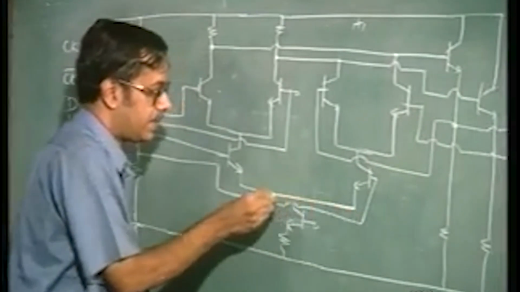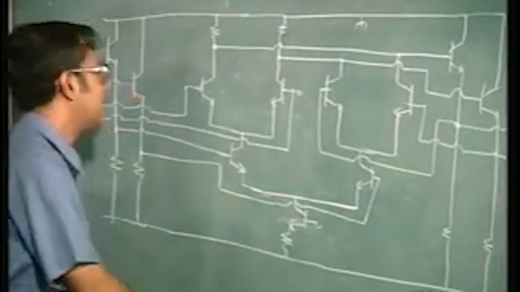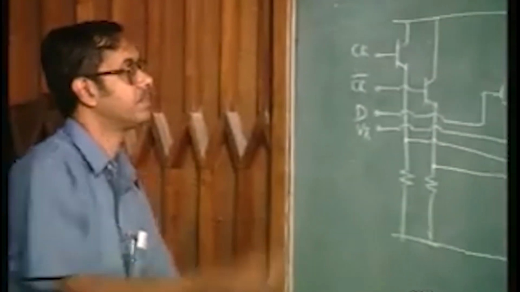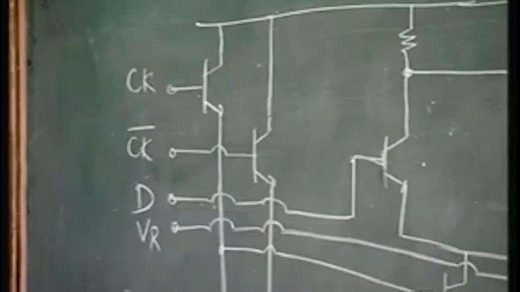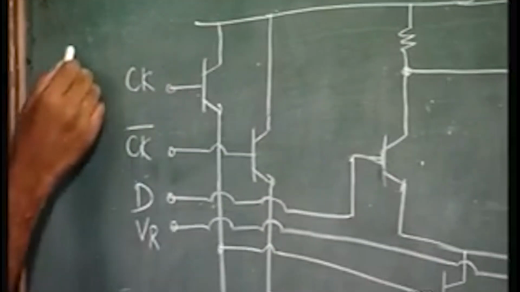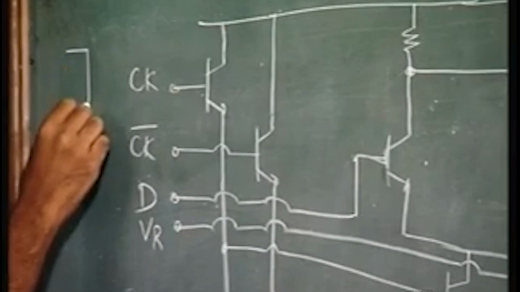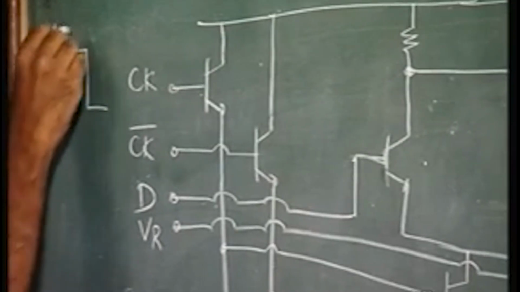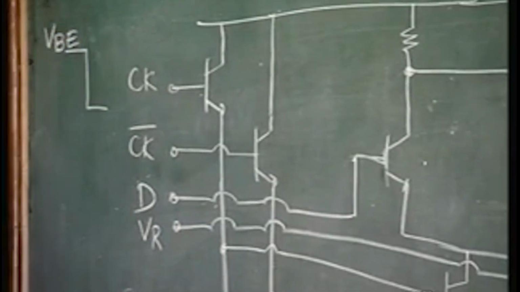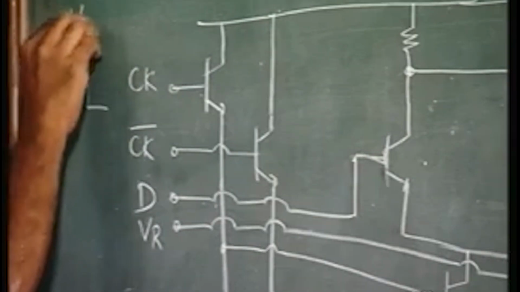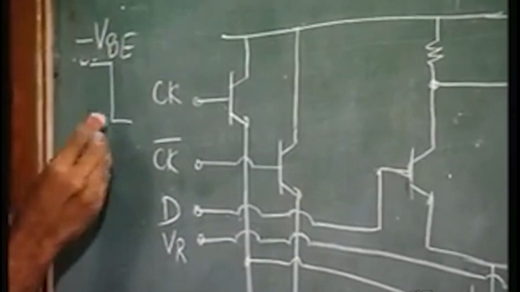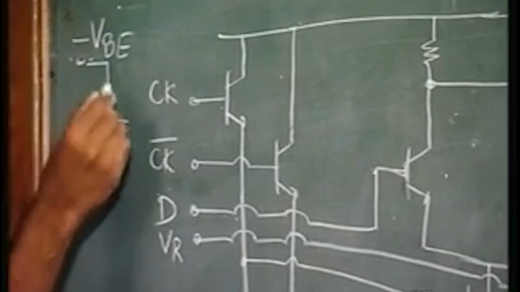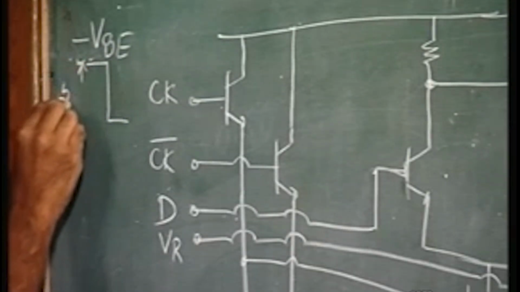So, in this standard circuit, the input voltage variation for the clock or any of the inputs varies from minus VBE, that is the high value here, and suppose the voltage swing is say 500 millivolts.